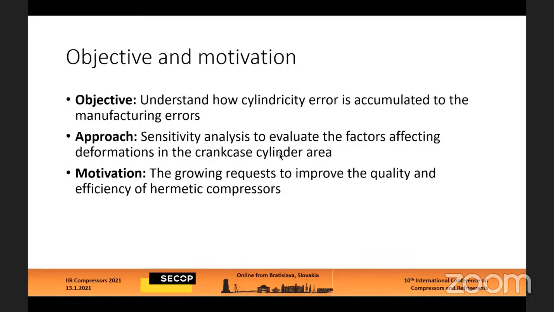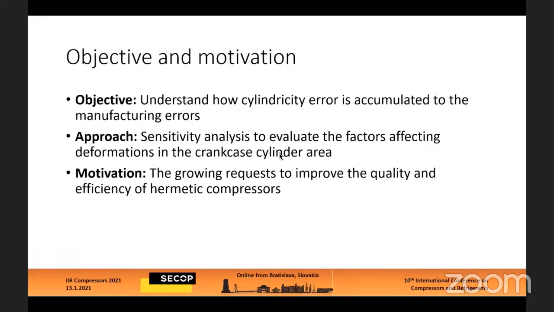So the objective of this work is to understand how the cylindricity error accumulates with manufacturing errors when we talk about the cylinder of the compressor. So how the crankcase is deforming and has some manufacturing mistakes, and how this affects the clearance between the piston and cylinder when the compressor is working.